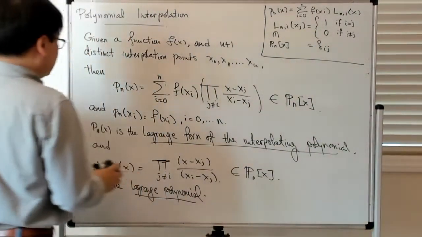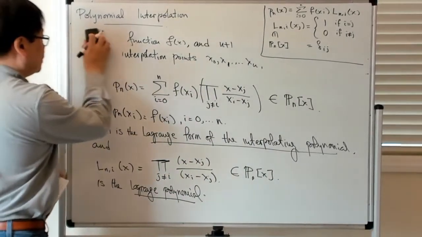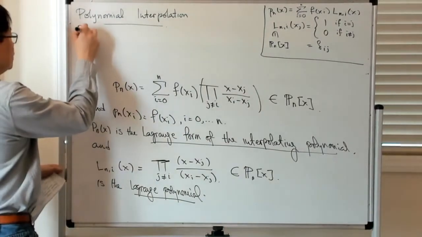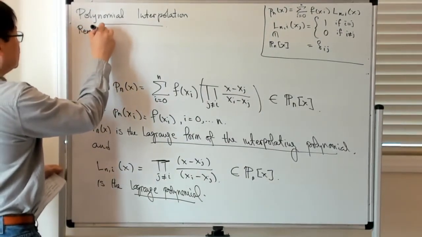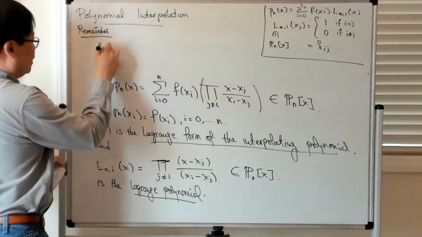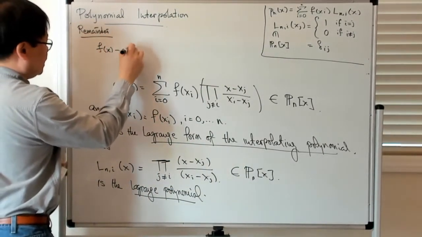So let me say something about the remainder term. We're asking what happens if you have f of x and you subtract off Pn of x.